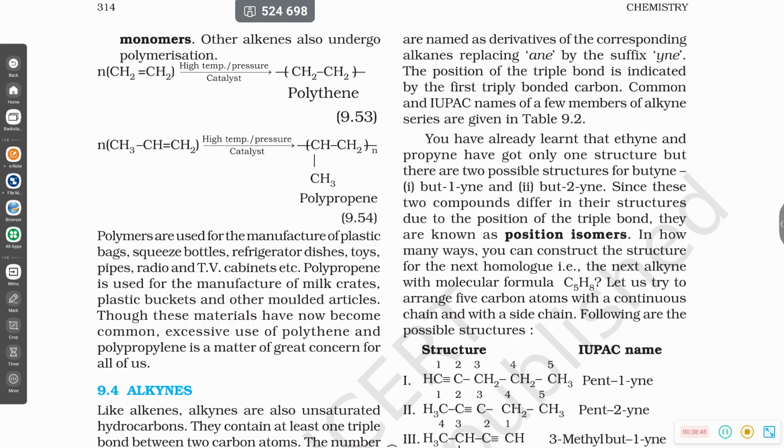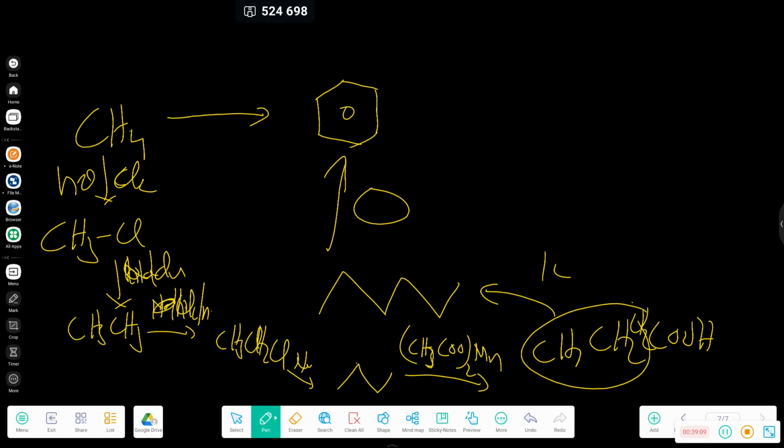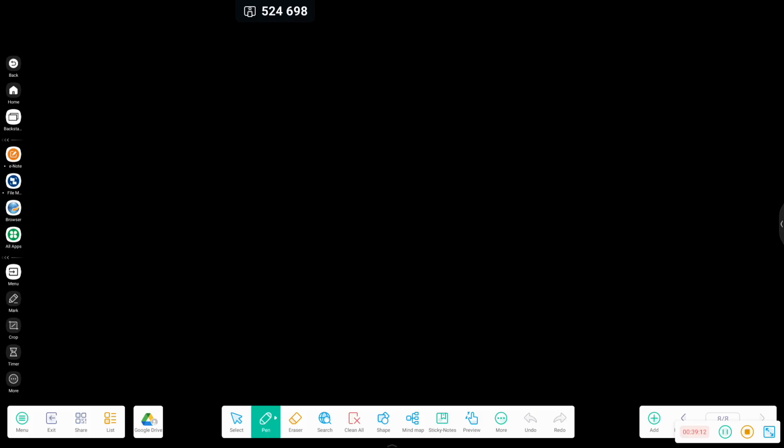Now three carbons are there. Is ring possible or not? See how it is possible.